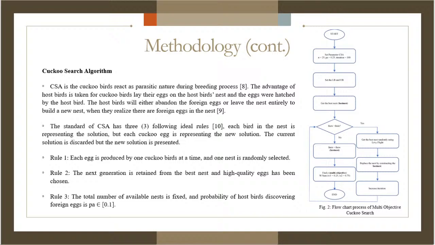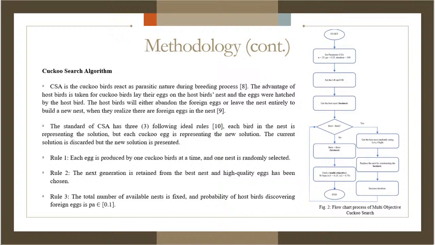Rule number 1: each egg is produced by one cuckoo bird at a time and one nest is randomly selected. Rule number 2: the next generation is retained from the best nest and high quality eggs are chosen. Rule number 3: the total number of available nests is fixed, and there is a probability of host bird discovering foreign egg.